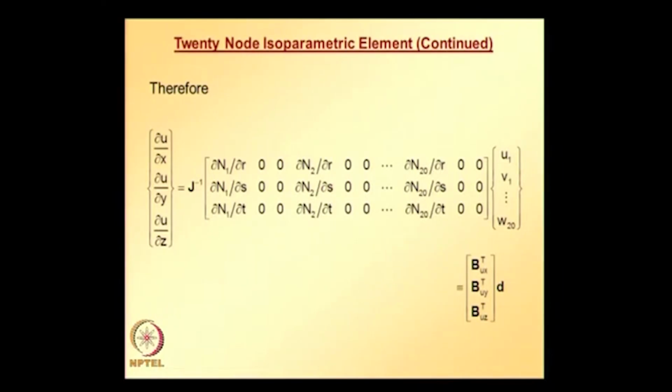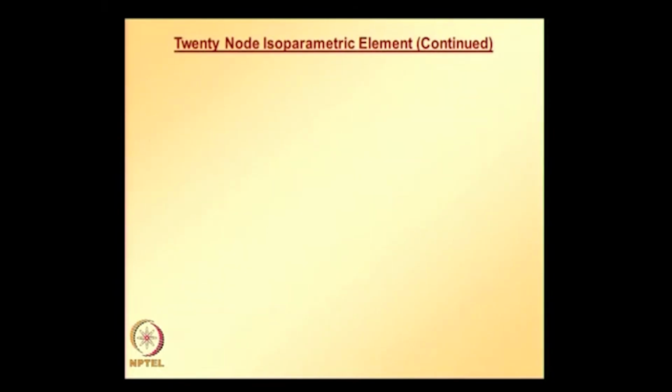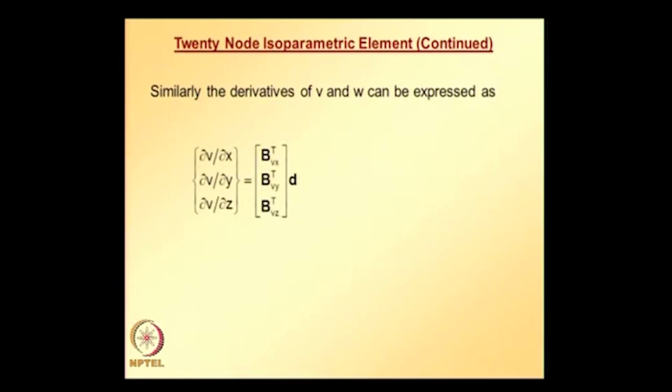which can be compactly written similar to what we did for the 8 node hexahedral element, except that the dimensions of matrices are going to be more. So, similar derivatives for v and w can be written or expressed as follows.